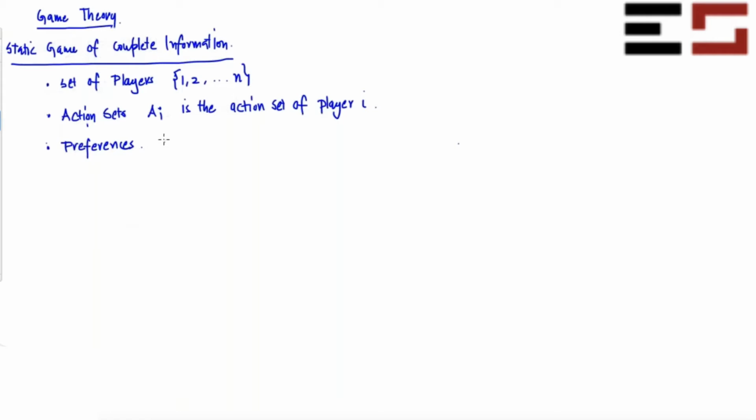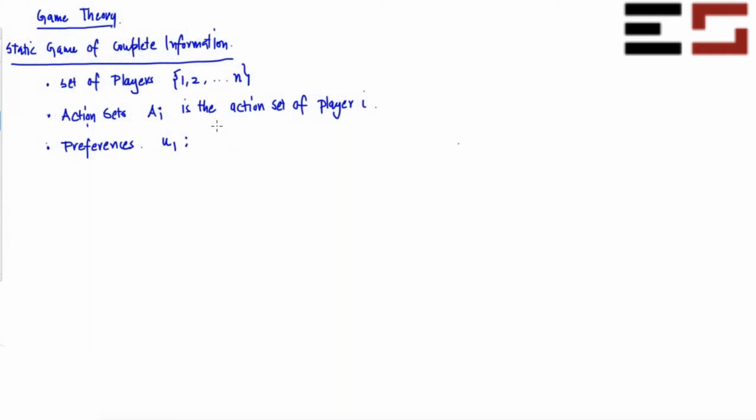What is the domain of the payoff function of player 1? What determines the payoff? It's basically the action of each of the players, right? You can imagine the Cournot duopoly game. If firm 1 is going to choose Q1 and firm 2 is going to choose Q2, then the payoff will be the profit.